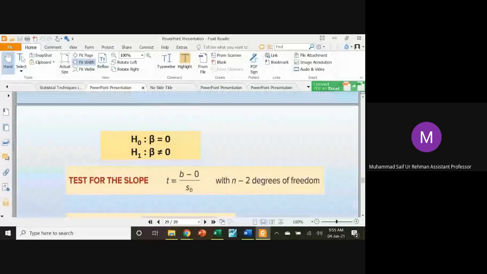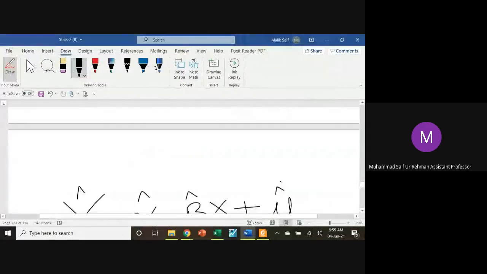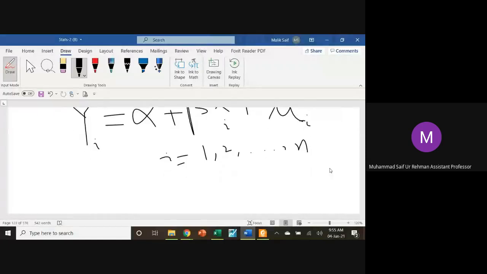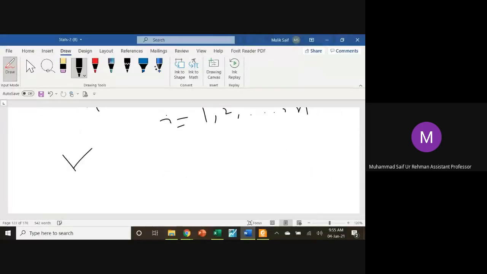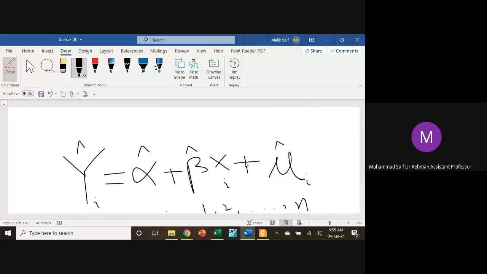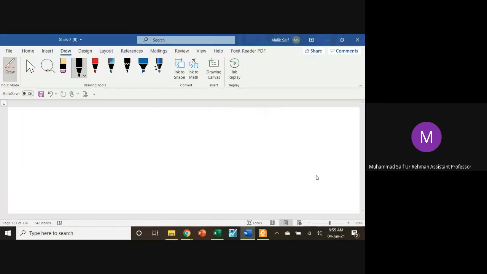Now you can see another important concept. If you write down the population regression function like this, y hat plus mu i, because in this you can see these two terms, alpha hat plus beta hat x.